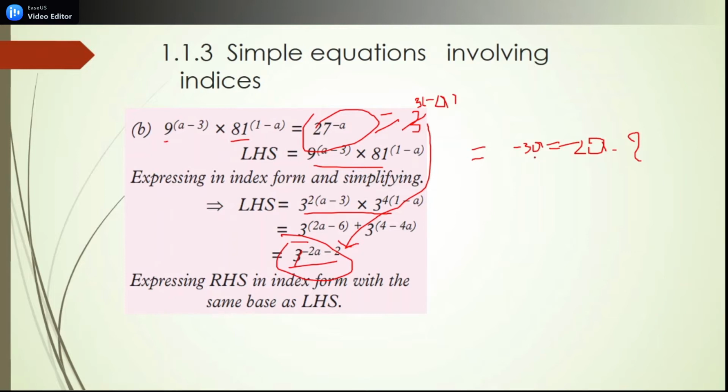When we write this one on the first side, we get negative a, which is equal to negative 2. Then a is equal to 2.